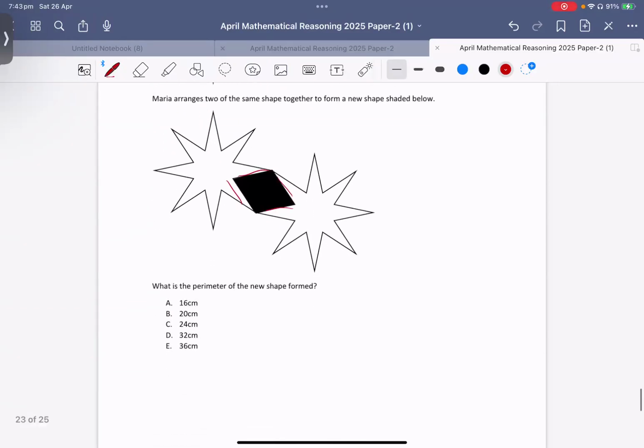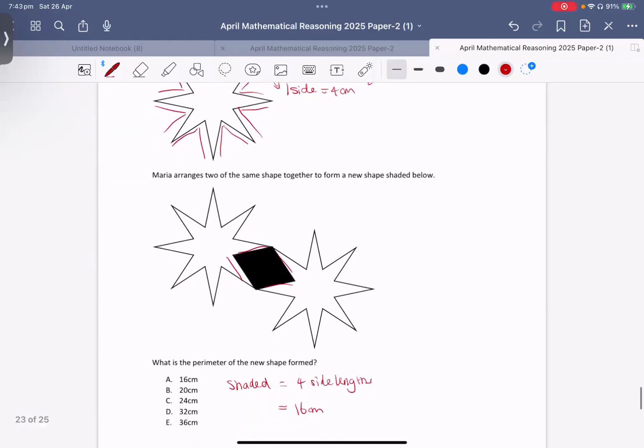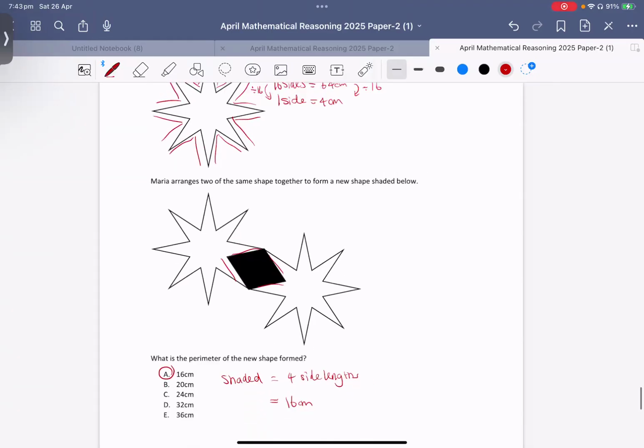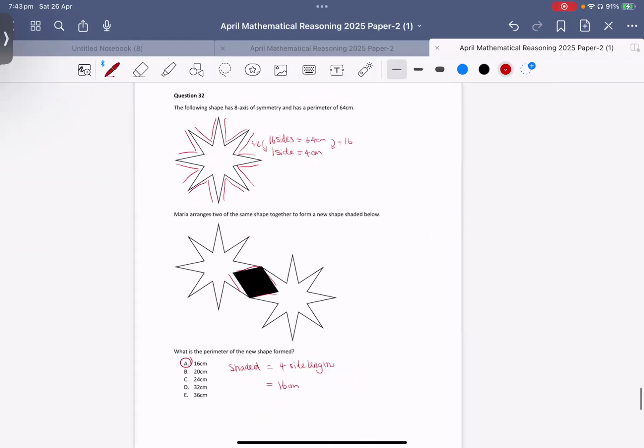And we know this shaded shape equals 4 side lengths, right? Which would be 16 centimeters because we know one side length was 4. So that gives us the answer of A for question 32.